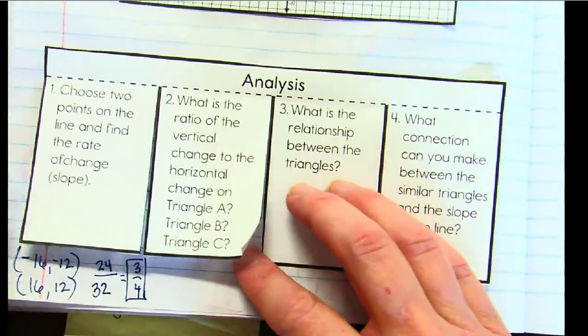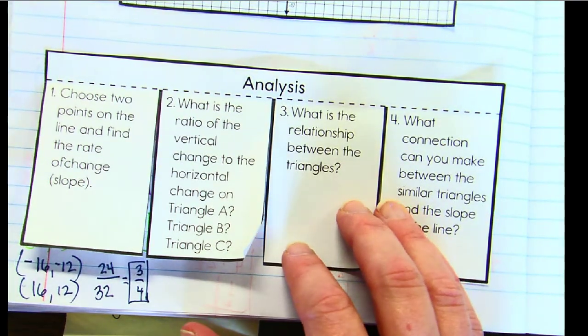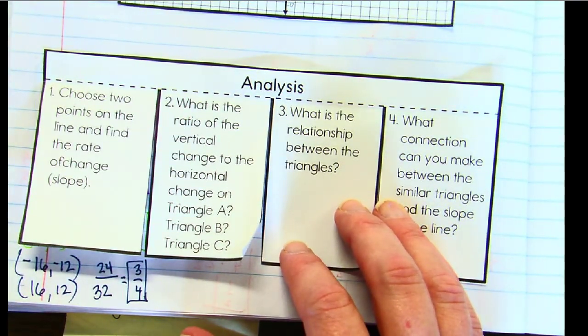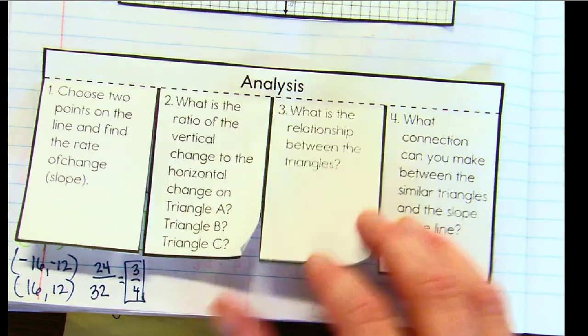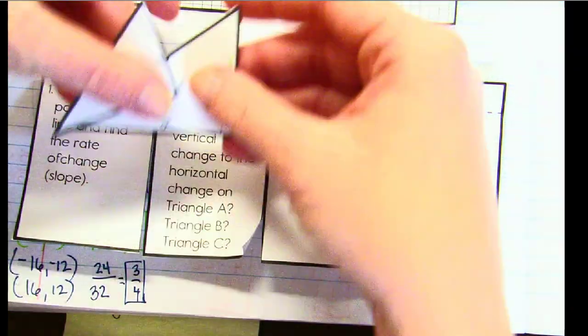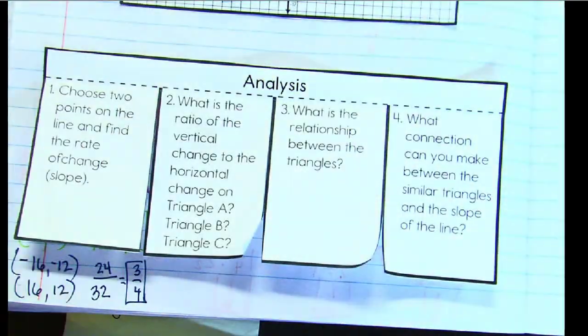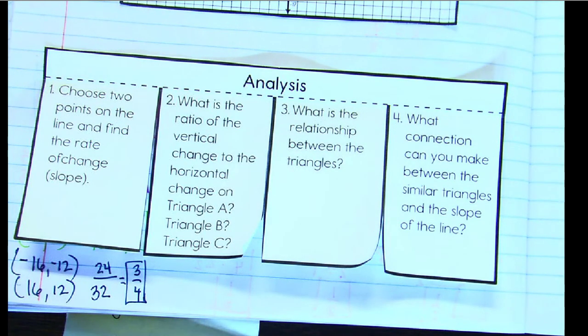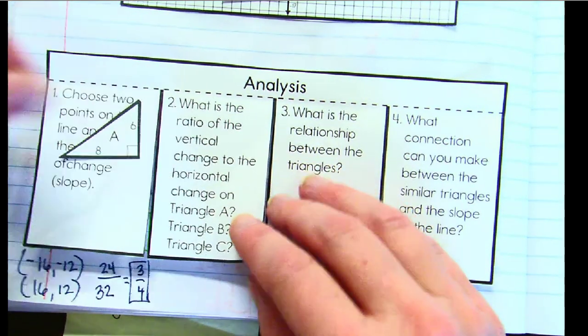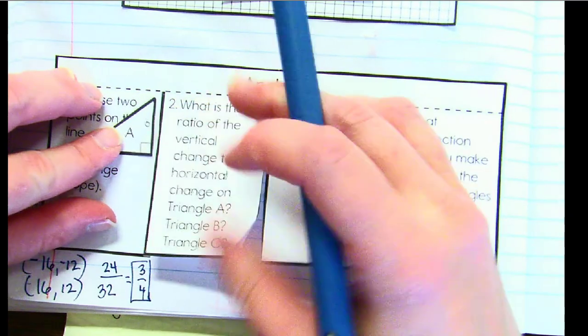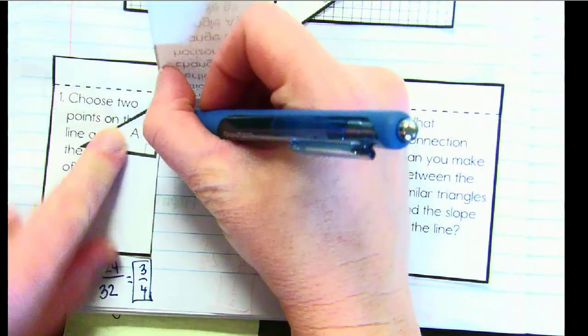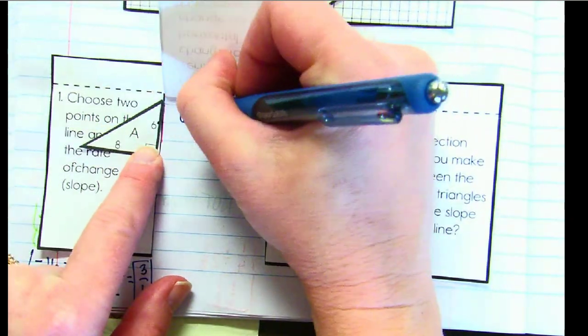What is the ratio of the vertical change to the horizontal change on triangles A, B, and C? Okay, so let's go back and look at our triangles. I just lost triangle A. All right, so triangle A, the vertical change would be 6. 6 vertical.